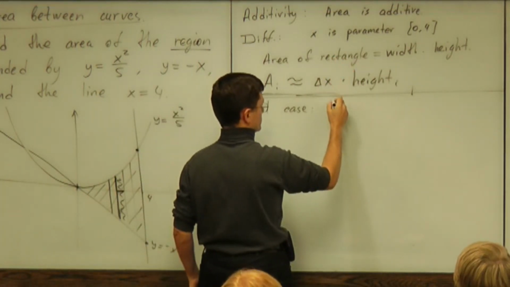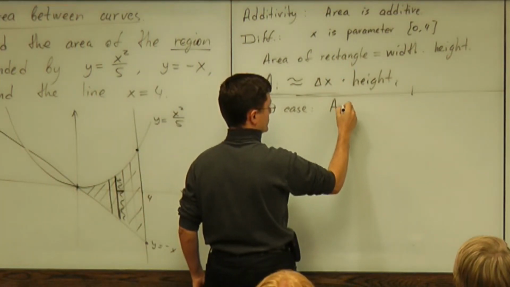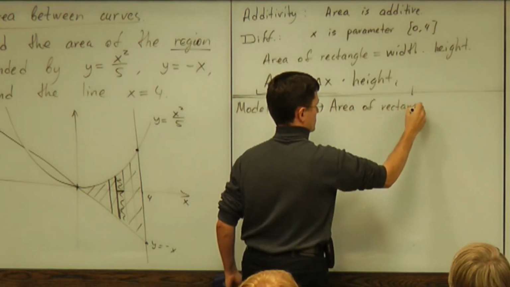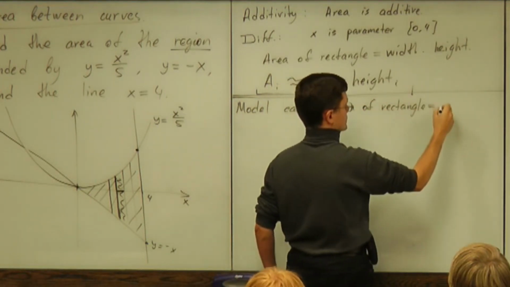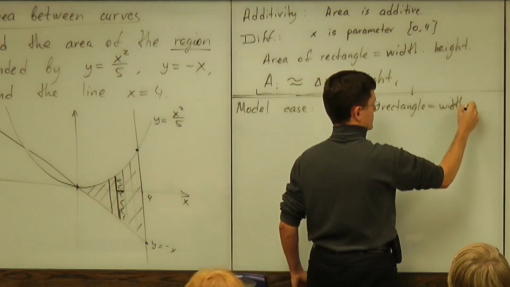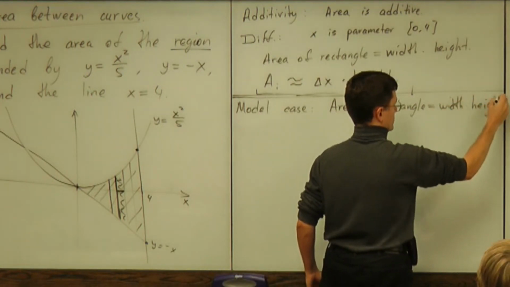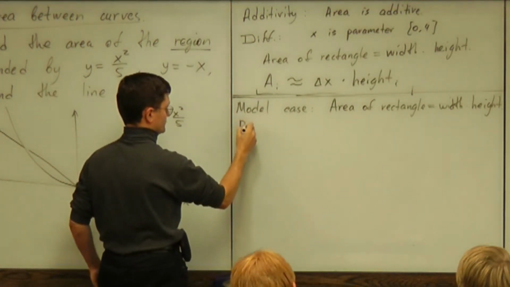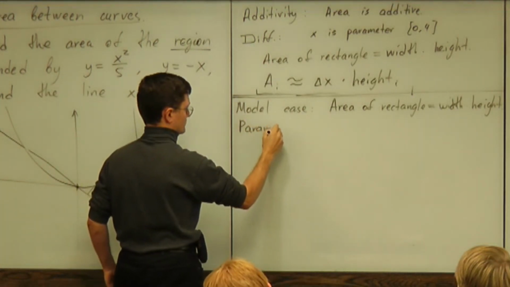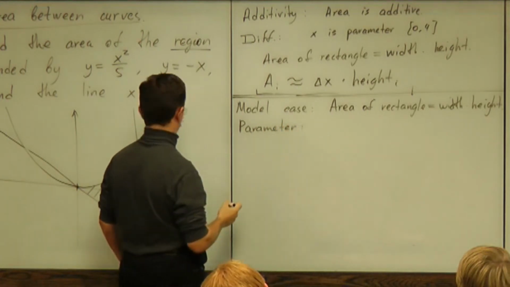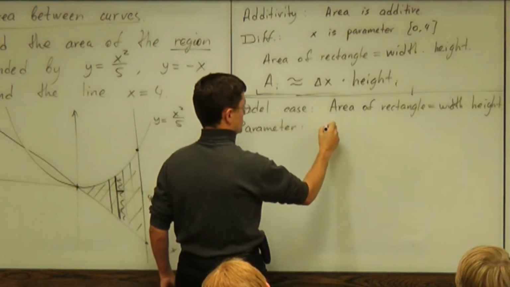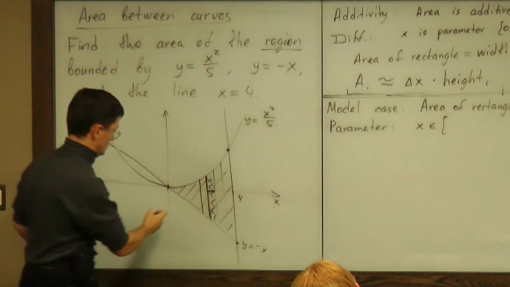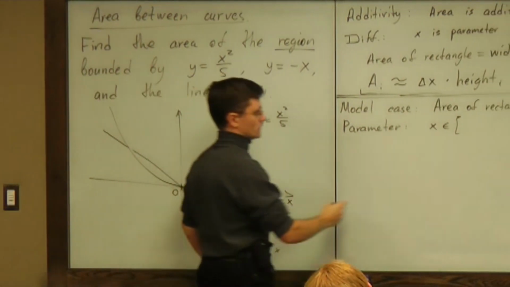This is about the area of a rectangle, which is width times height. And then I choose my parameter for integration. The parameter is going to be x, and it will change from 0 to 4.